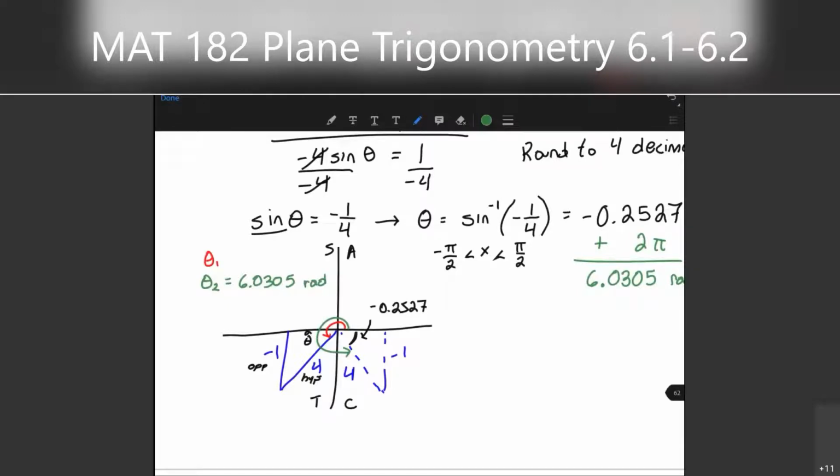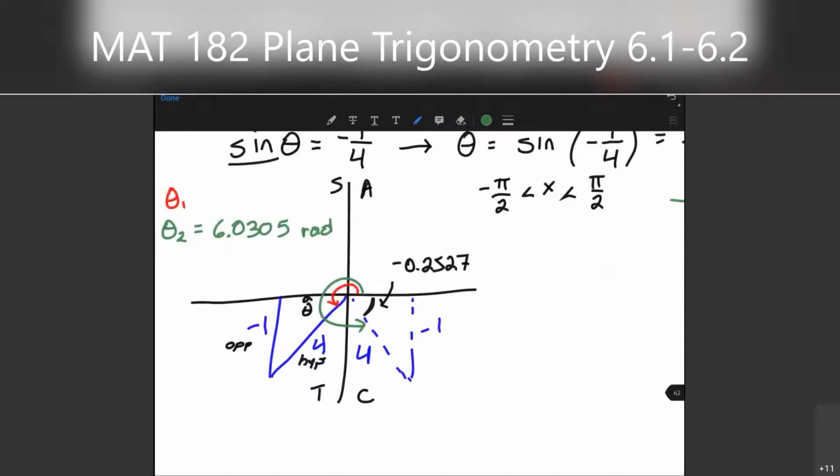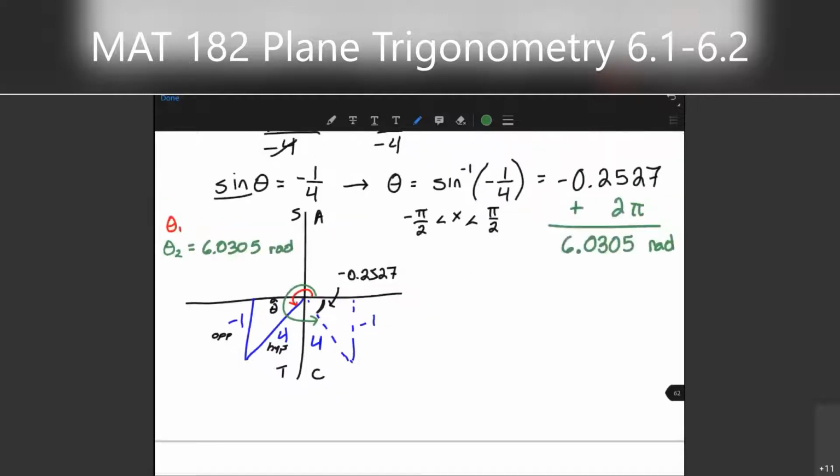All right, now I'm thinking about solving for theta 1, that original red angle that is in the 2nd quadrant. How could I do that?